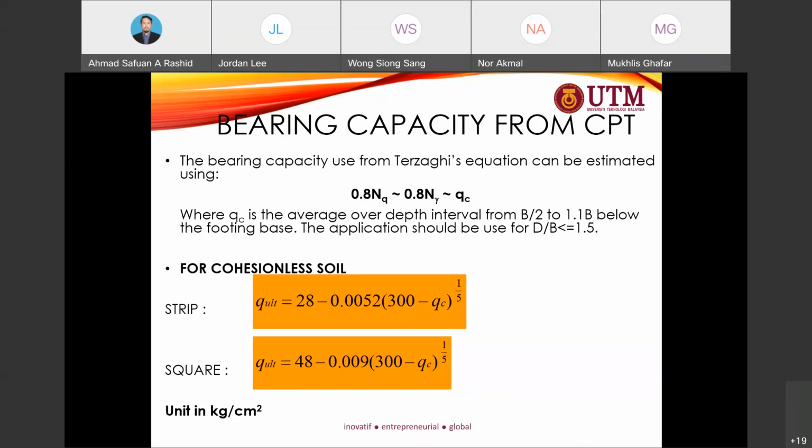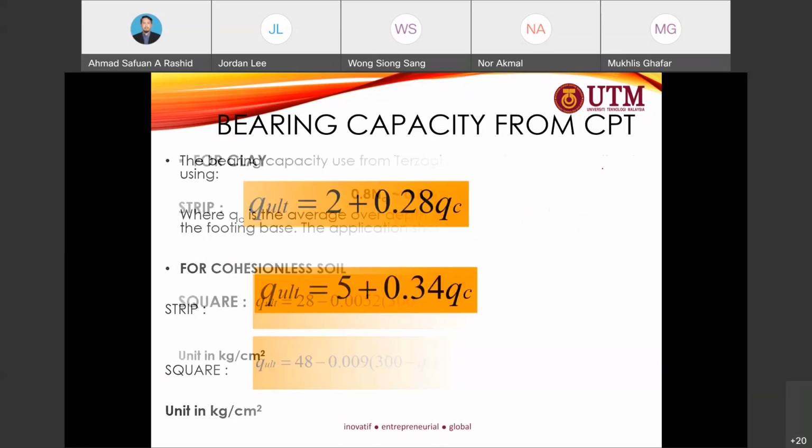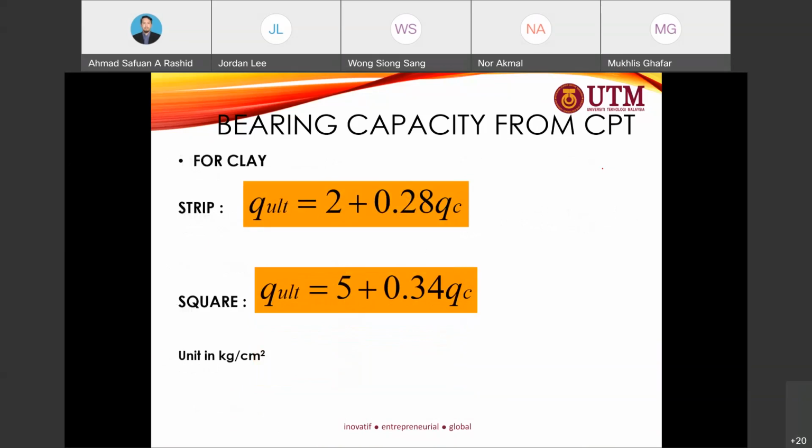This is for cohesionless soil and for strip and square foundation. For clay, this is the formula to calculate the bearing capacity from the CPT. Make sure that the unit is kilogram per centimeter square for the QC value. So that is for the indirect methods.